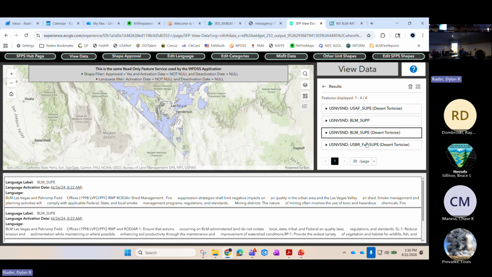With Spatial Fire Planning Service, it's all driven off of HTML text, right? So Kate, when you get to editing it, there's a website called HTML Cleaner. You can just Google it and pull it right up. That is what you'll want to use, because with HTML Cleaner you can format everything, make it look pretty, boldface it, put bullets, everything like that.